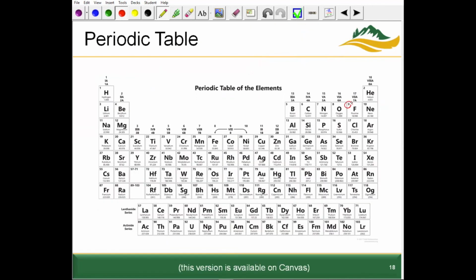Fluorine itself has more than just 7 electrons, but fluorine has 7 valence electrons. So when we're drawing this sort of depiction for fluorine, we're going to draw 1, 2, 3, 4, 5, 6, 7 valence electrons. We're not showing the 1s2 electrons because those are the inner shell electrons.